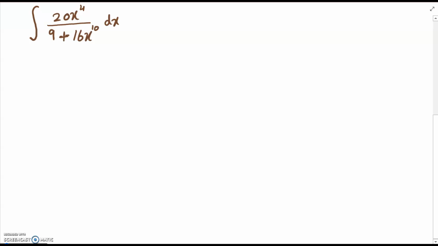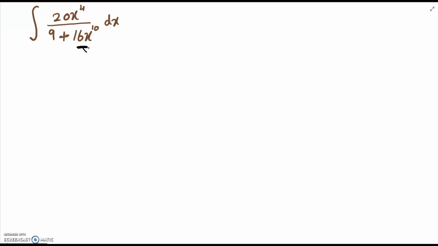So let's say if you try to take this value as u, then if you take the derivative, you will still end up having x to the power of 9, and you don't have that derivative available. Now whenever you have a huge difference between x powers, then keep in mind that you can use inverse trigonometric rules.